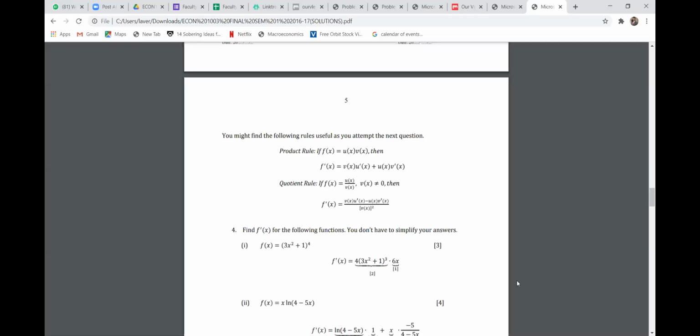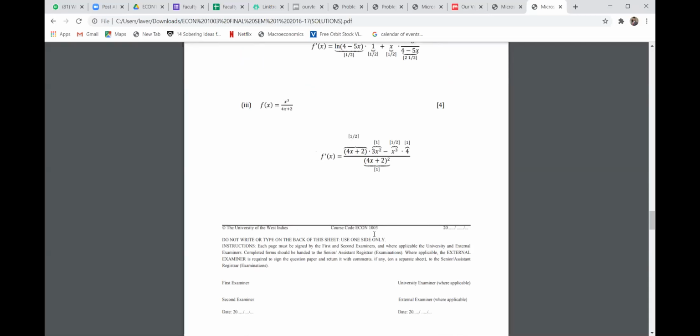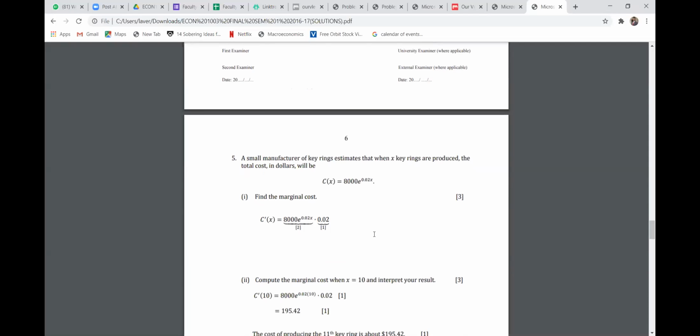So I'll just share number 5 real quick so we know where we're at. All right. So we just finished number 4, so it's number 5.